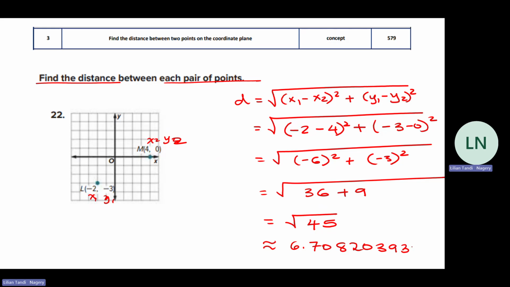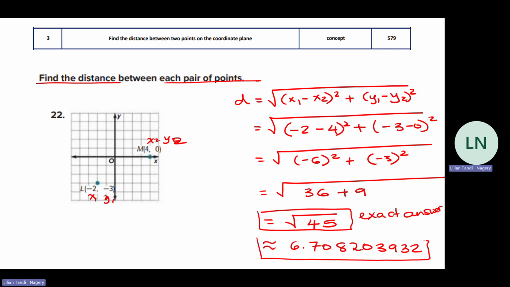You practice rounding. Now, this is what we call the exact answer. If the question asks for the exact answer, this is what you choose. If it asks for the approximate value, it means it told you to round. So you will take this decimal and round it to the place value the question tells you. And remember the word units.